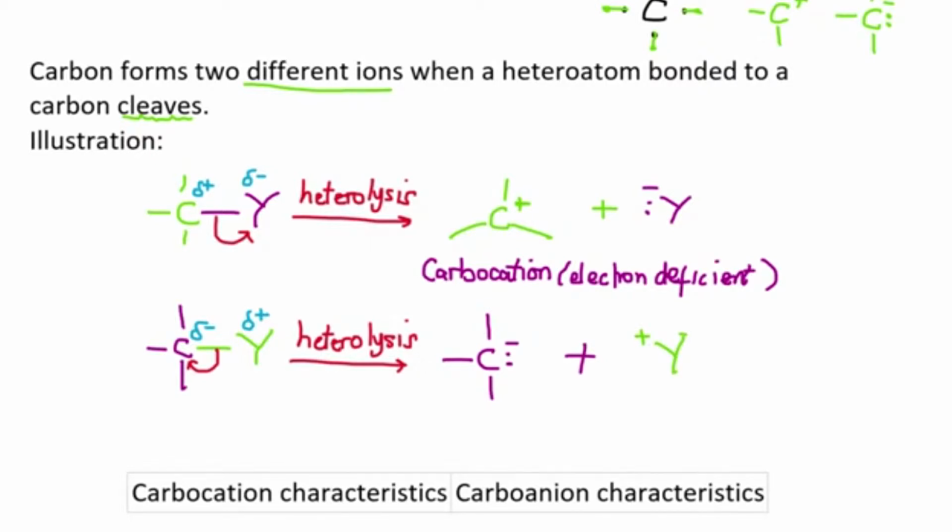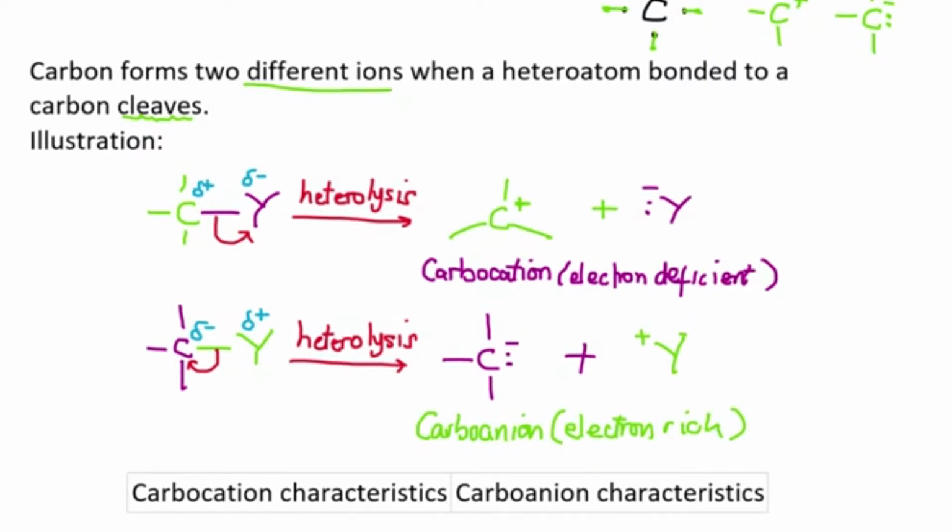This carbon with an anion on it is called a carbanion, and this is considered to be an electron-rich species.